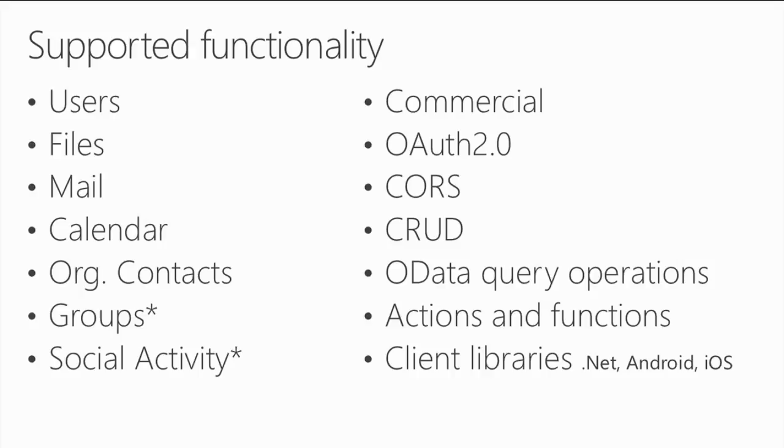It supports actions and functions, for example send mail as an action or subscribe on the groups. And we have client libraries available right now for .NET, Android, and iOS. And we also have code samples on all these different platforms that are using the API.